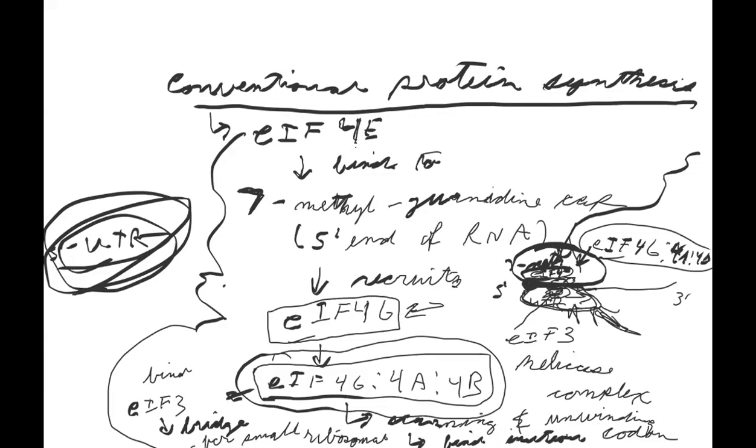In addition, this helicase complex is also scanning and looking for the actual initiation codon. All right, and it helps with the unwinding of this topology that I mentioned before.